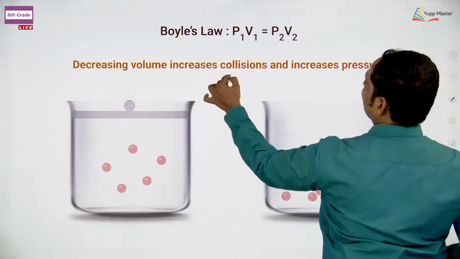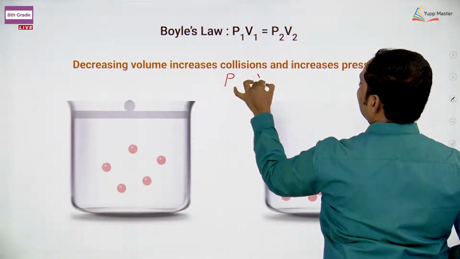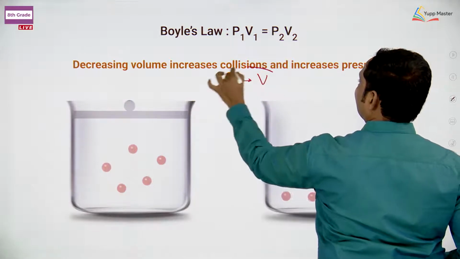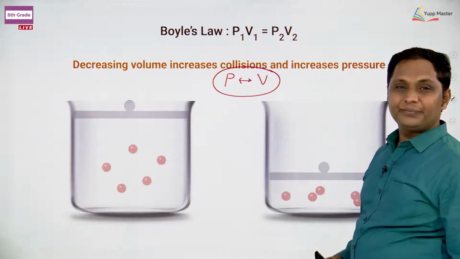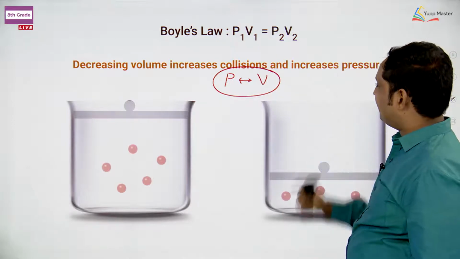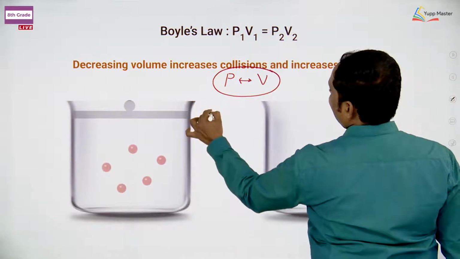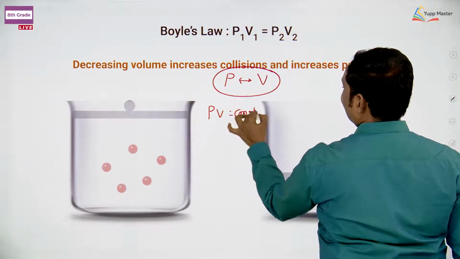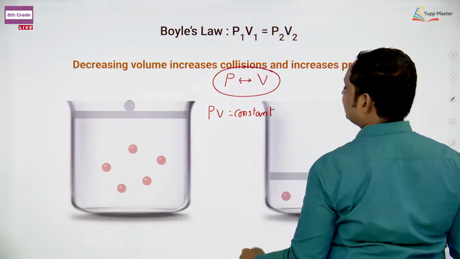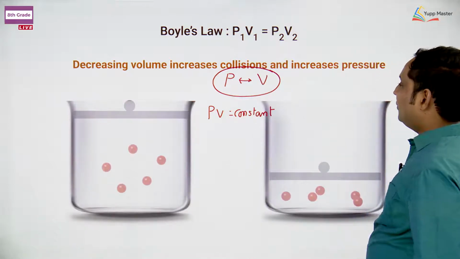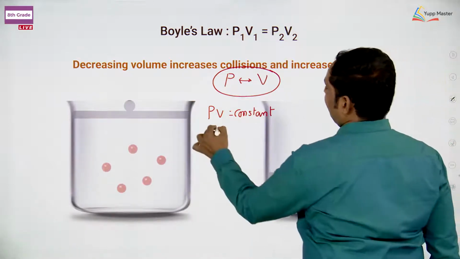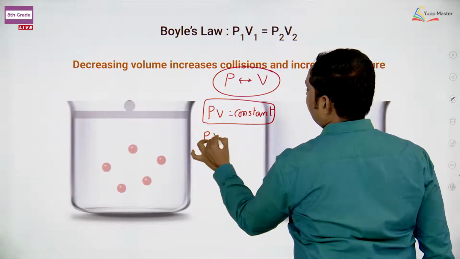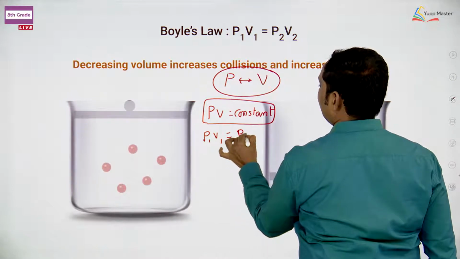So if you take P and V, they have one relation, that is PV is equal to constant. Now you take the inverse variation, it's very clear. Therefore P1 V1 is equal to P2 V2.